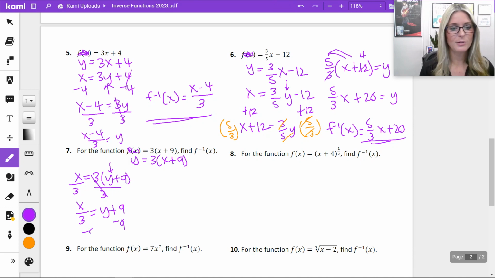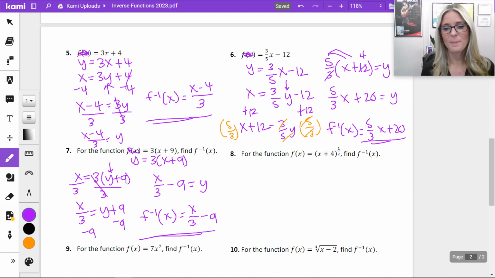Subtract the 9 from both sides. And I'm just going to tag it along with that x divided by 3 to the side of it. Minus 9 equals y. And we're good to go. Write it as a final answer. F inverse of x equals x over 3 minus 9. Number 8, replacing f of x with y.